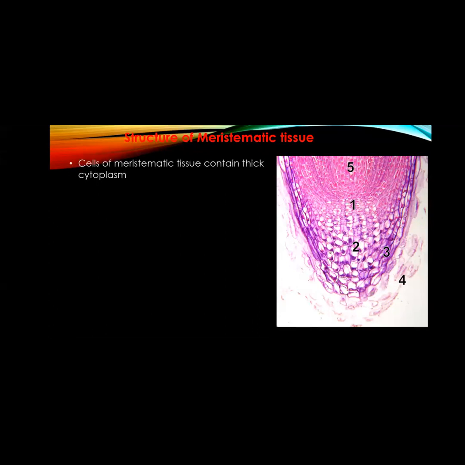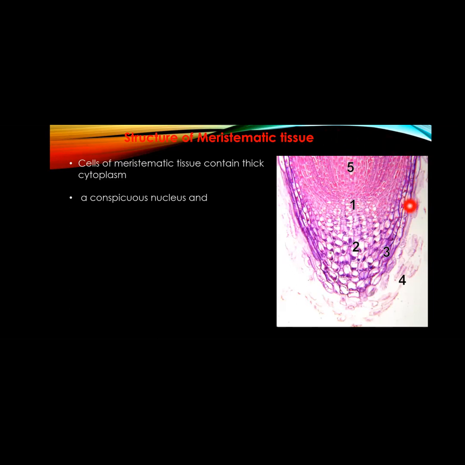There are some special characters of the cells in meristematic tissue. The cells of meristematic tissue contain very thick cytoplasm. It has conspicuous nucleus.